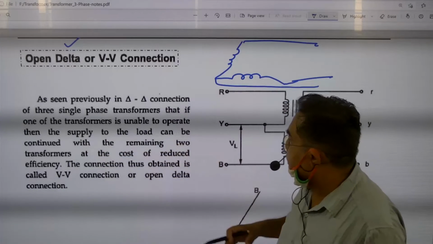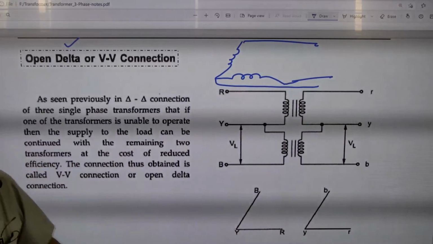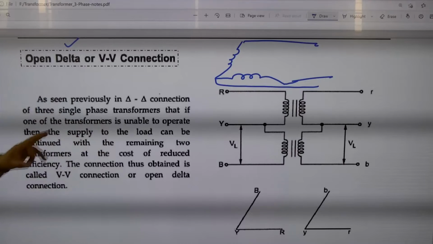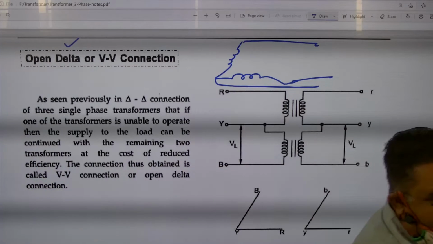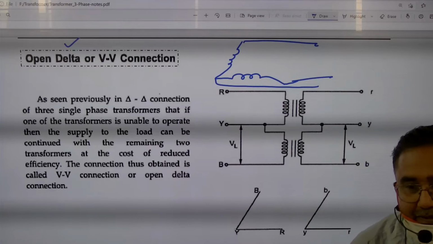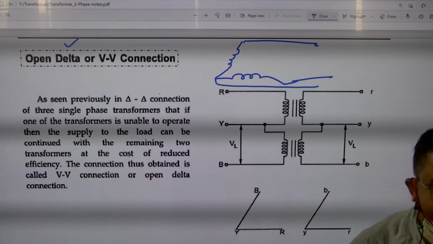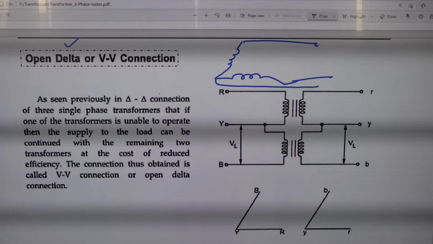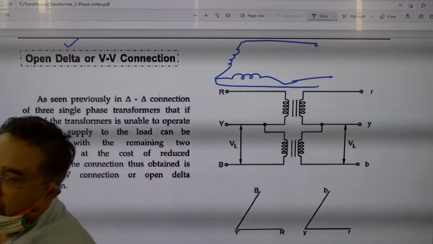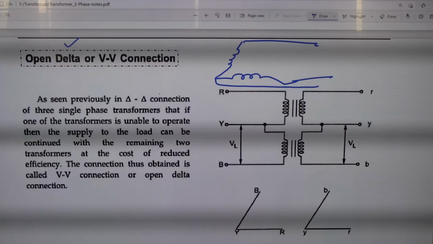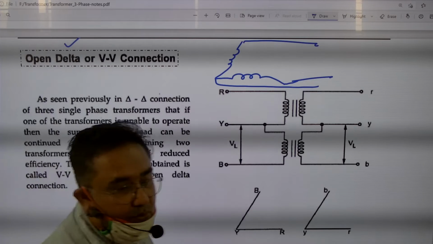Now why is it being used? If three single phase transformers are being used, and one of the transformers is unable to operate, आपने थ्री फेज को ऐसे भी तो बना सकते हैं. कैसे? तीन सिंगल फेज ले लिया. अगर एक ट्रांसफॉर्मर आपका काम नहीं कर रहा है, is not working, then what will happen? You will be left with two transformers. So now you have only two single phase supply, but you have to feed a three phase load, then how will you do it?